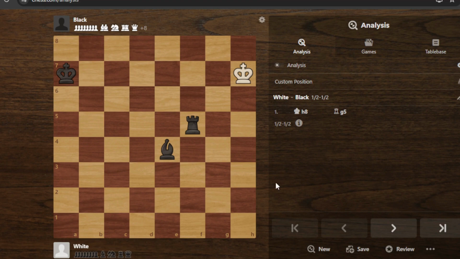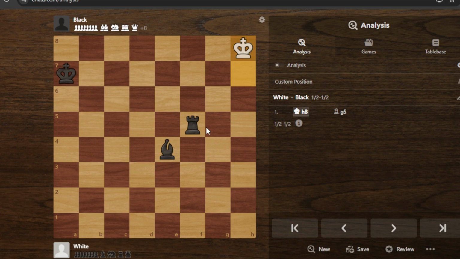In this position, it's white's move. White plays king to h8. It's not a stalemate now because the king could move here, here, here, here and here. So it won't be a stalemate. But in this position, stalemate depends on black only.